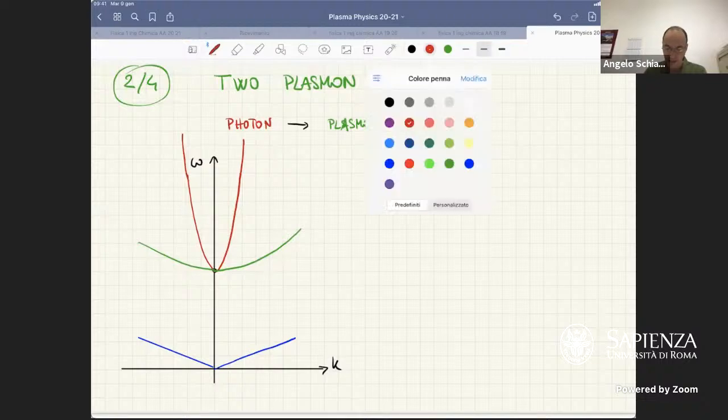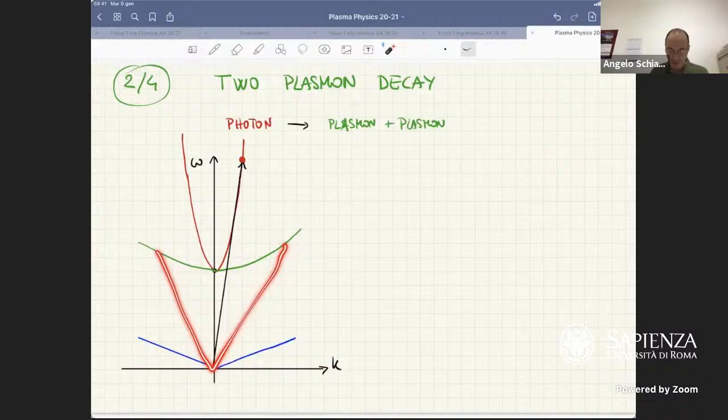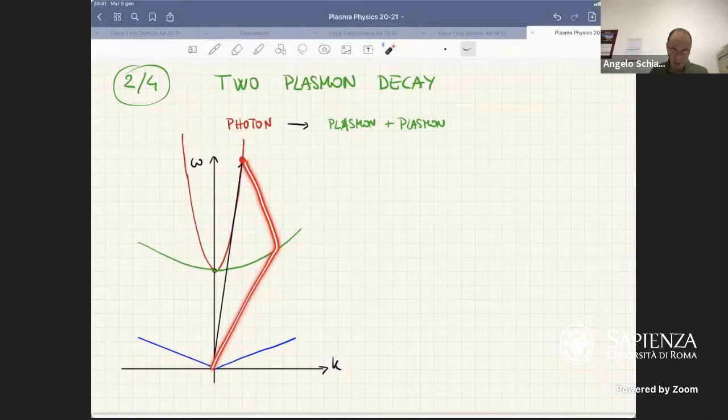So let's take, for instance, a point here, which is represented by our incoming photon solution. And we have to find a way of picking up two points here that will allow us to do this trick. So more or less, let me check.